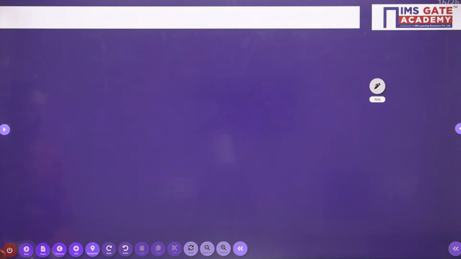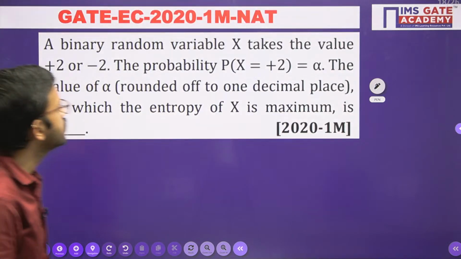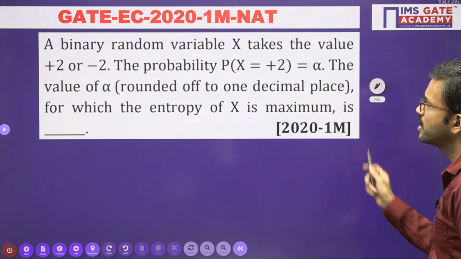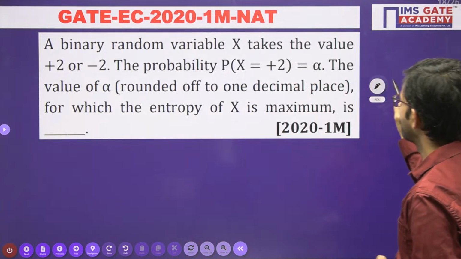Now let us move on to the next question. This is the last question for today's session. This question is of NIT. So obviously the answer will be a number, and this question weightage is 1 mark. All of you give it a try.